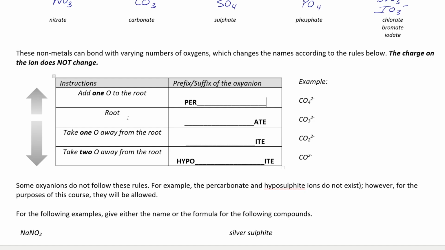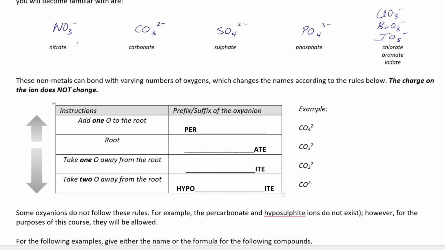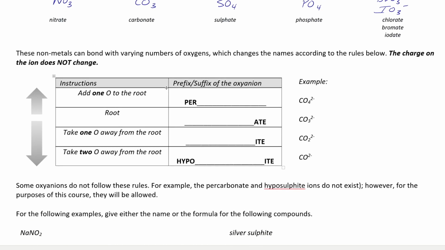So let's take a look at these instructions here. The root is one of these, like nitrate, carbonate, sulfate, phosphate. The example that we're going to use is carbonate as the root. That's our root oxyanion.